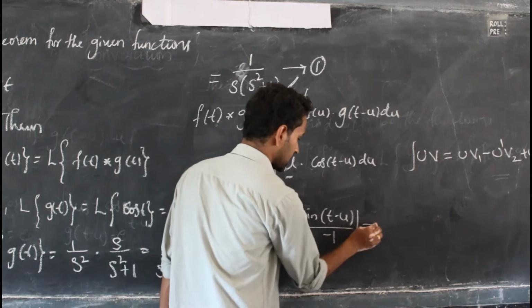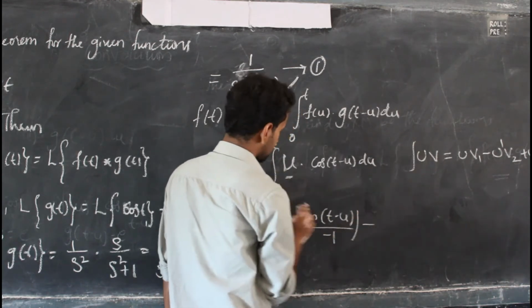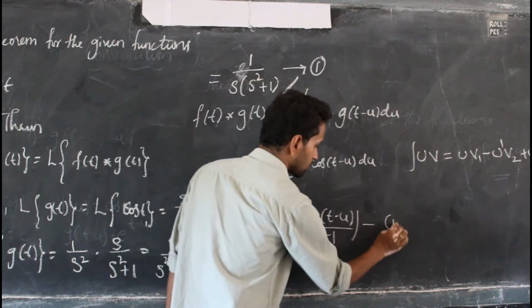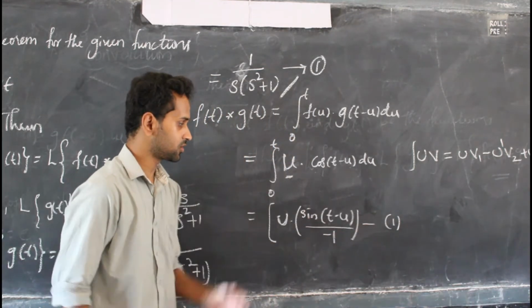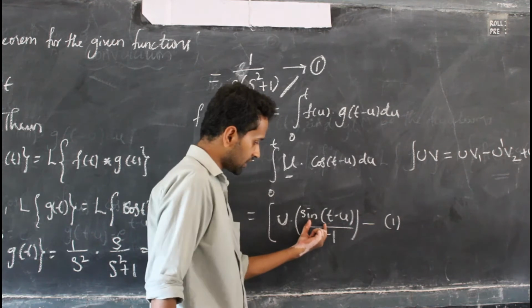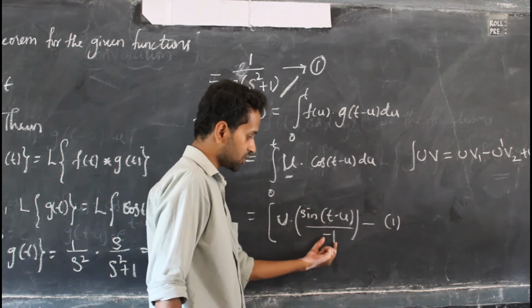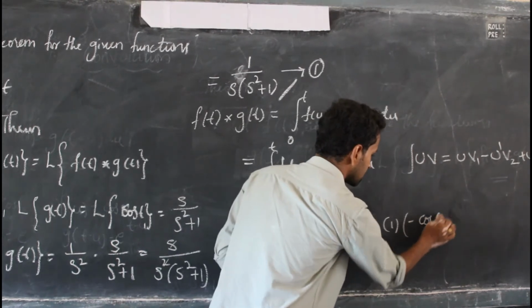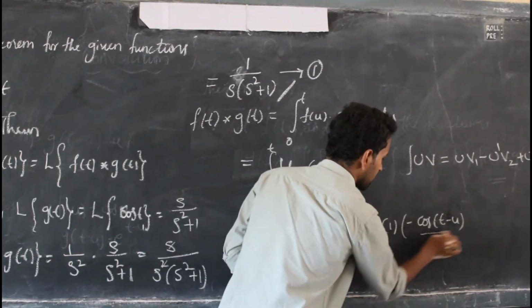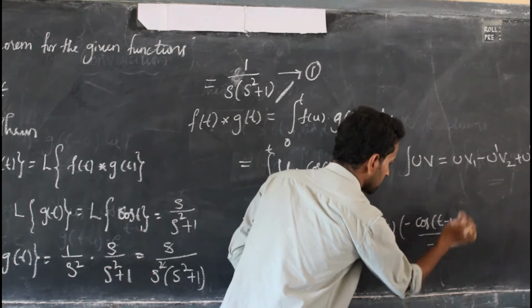So minus u dash, the differentiation of u, becomes 1. I am differentiating with respect to u only, so the differentiation of u is 1. Into, now I need to integrate sin(t minus u) divided by minus 1. That becomes minus of cos(t minus u) divided by minus 1, into minus 1.